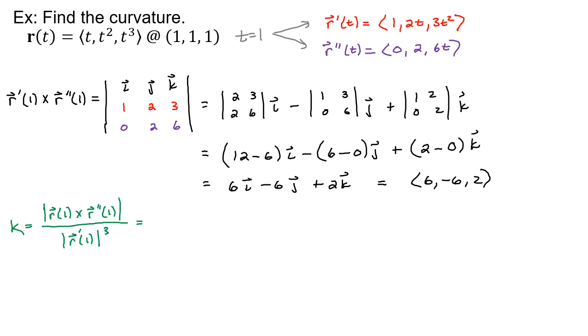So I need to do the magnitude of the cross product. Well, that's fairly easy now because I just got numbers in here. This is 6 squared, negative 6 squared, and 2 squared. On the bottom, plugging in the 1, I'll have 1, 2, 3. So I'll have the square root of 1 squared, 2 squared, 3 squared. That whole thing gets cubed.